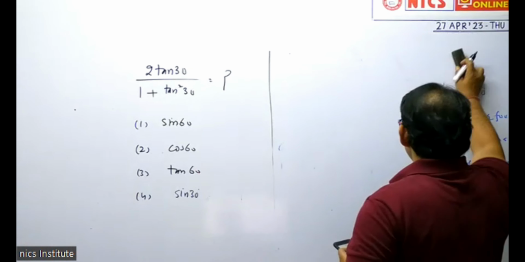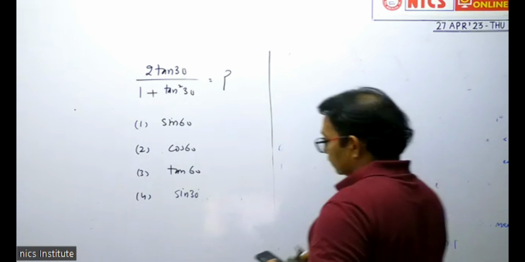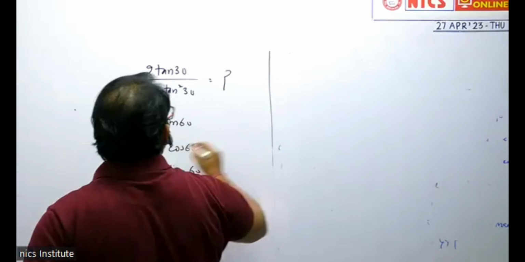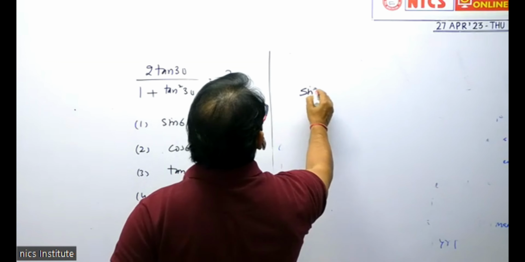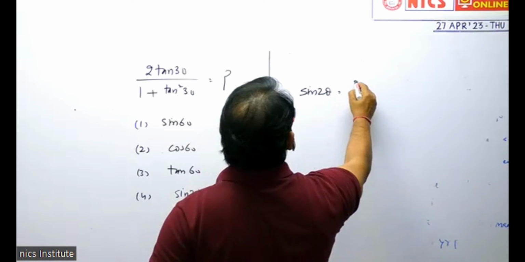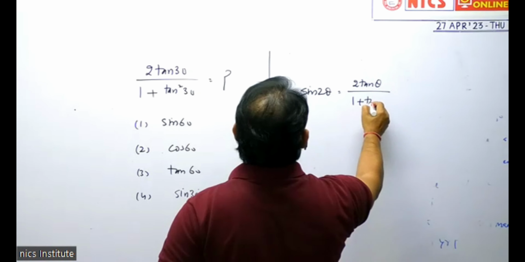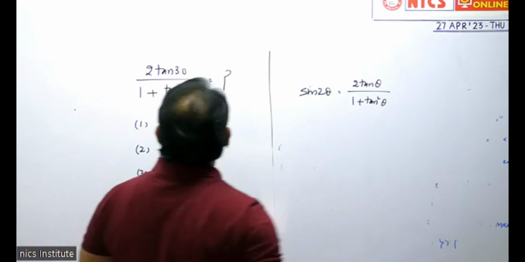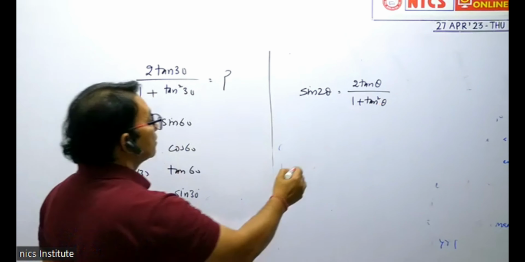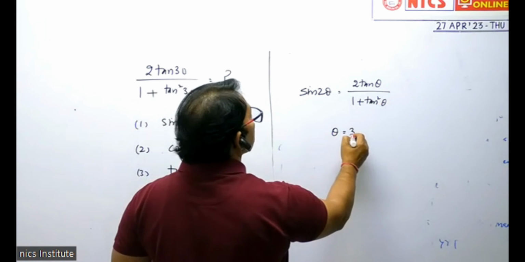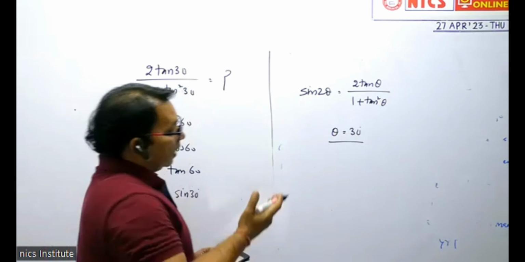Everybody knows that sine 2 theta is 2 tan theta over 1 plus tan square theta. So you substitute theta equal to 30 degree and you get the answer.